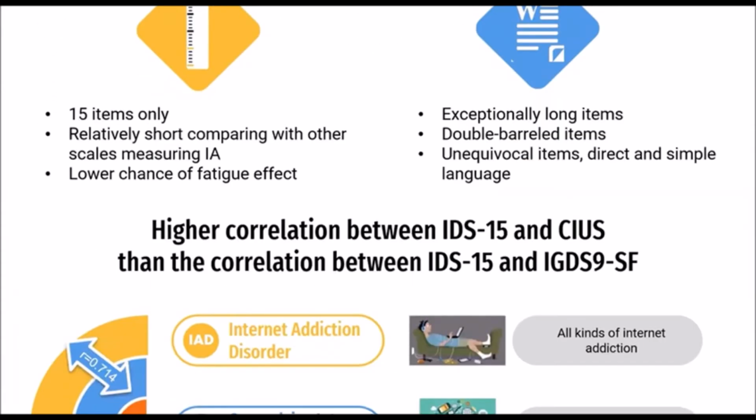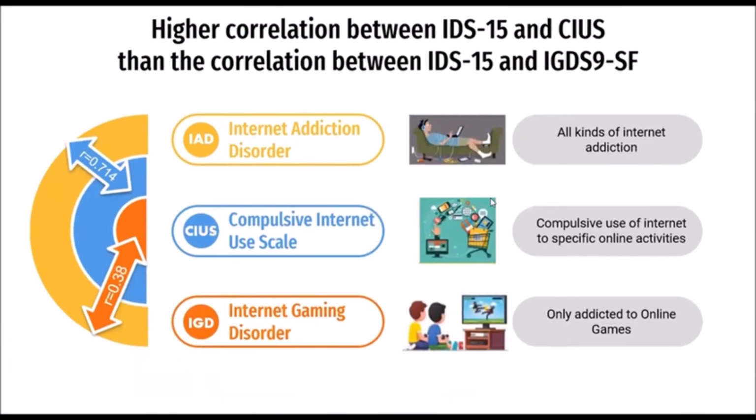This diagram explains why higher correlation is found between internet addiction and compulsive internet use. Internet addiction is an inclusive construct regardless of the purpose of internet use, that is, with or without being engaged in specific online activities. Compulsive internet use, whilst being included in internet addiction, specifically addresses internet use with a specific purpose.